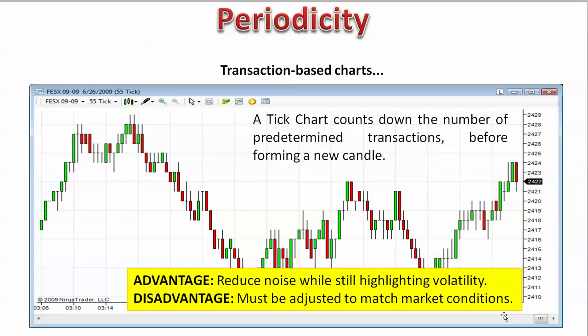Now, a tick chart, which is probably my favorite, counts down the number of predetermined transactions before forming a new candle. And you can see just over here we've got a nice little double top. You can do these with time-based charts, but I think tick charts just make them a lot smoother as far as reading the market.